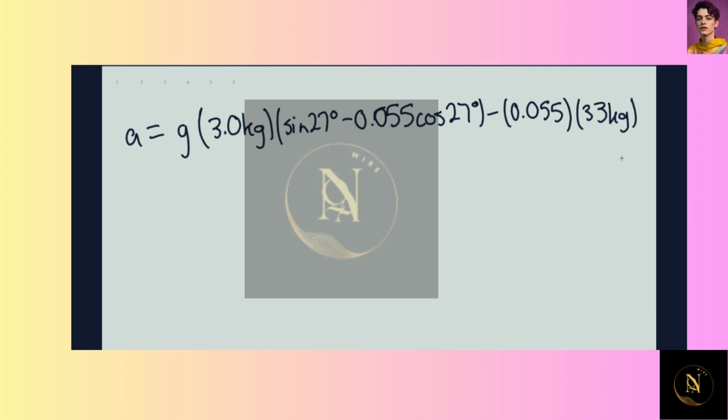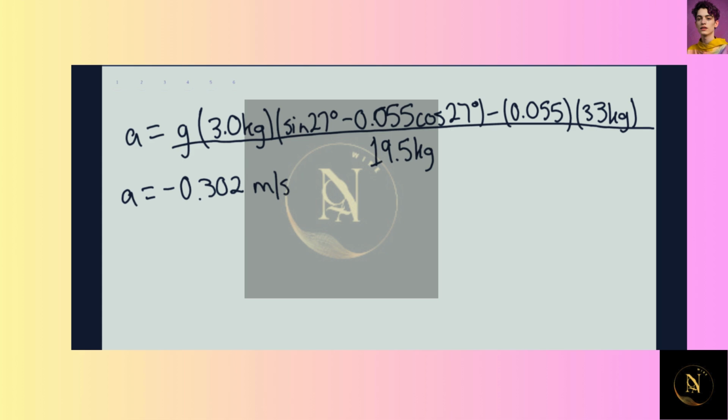And then this will all be divided by 19.5 kilograms. A will equal negative 0.302 meters per second squared. So when mu equals 0.055, the acceleration is negative 0.302 meters per second squared.